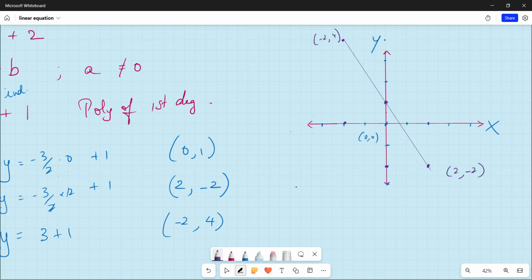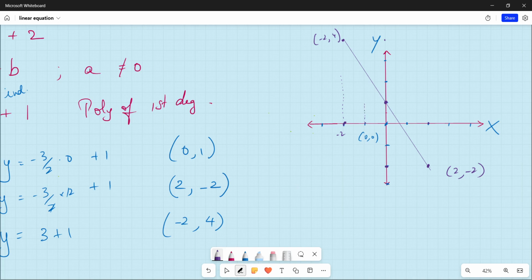Now for any value of x, you can find a corresponding y value on this line, in this graph of the equation. Suppose you take x is equal to minus 2. You find, as we have already done, 4. Suppose you take x is equal to minus 1.